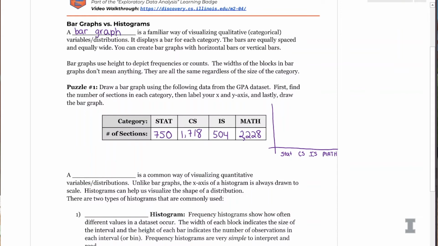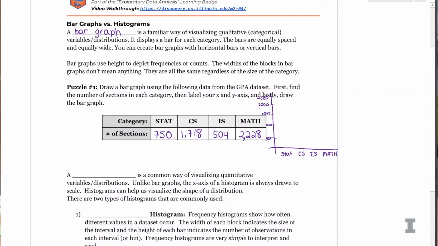We are going from about 2,200 to 500, so I'm going to make my y-axis start at 500 and go up in increments of 500. So I have 500, 1,000, 1,500, 2,000, and then I'll go up to 2,500.